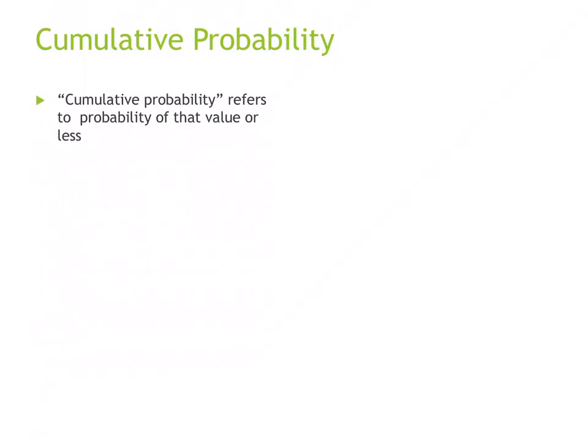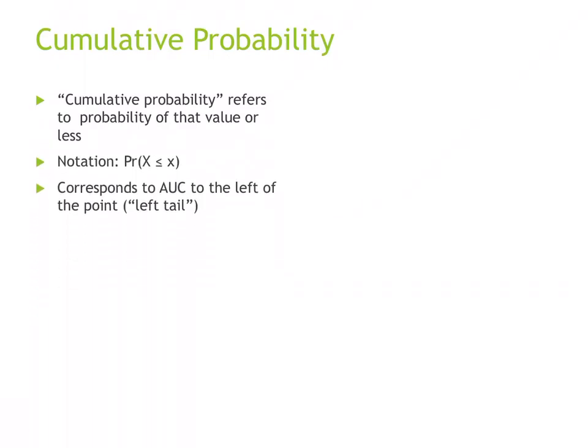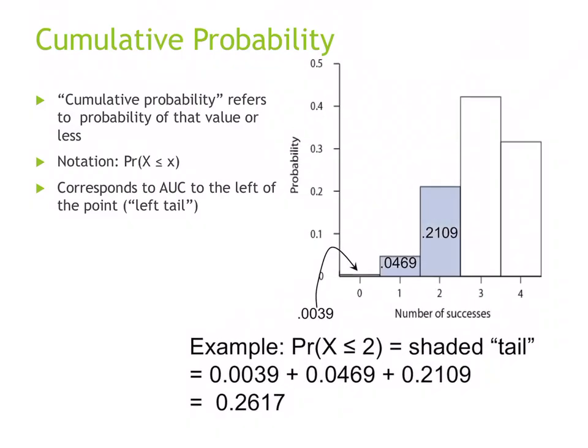Cumulative probability refers to the probability of a value or less. The notation is the probability of X less than or equal to x, corresponding to the AUC to the left of the point, the left tail. Here we have our example of the probability of X less than or equal to 2, the shaded tail region. We want to know the probability of 2 or less occurring. We know these are disjoint events, so you can add them together.